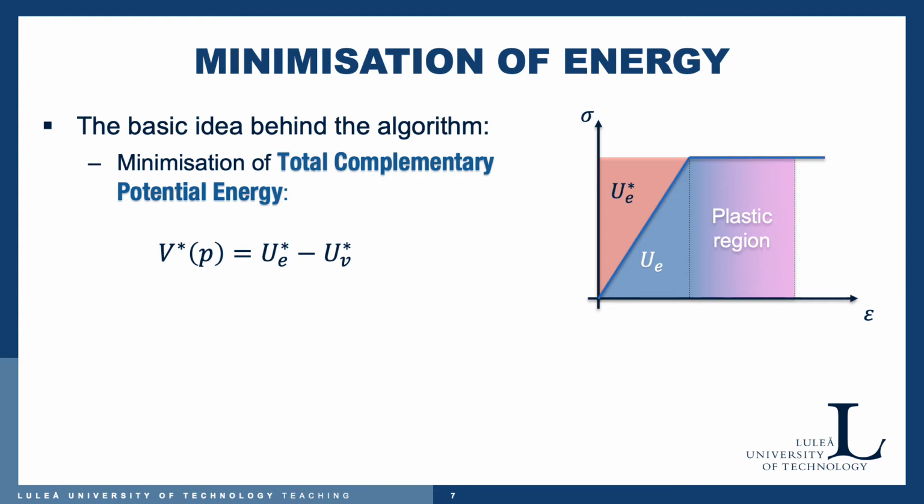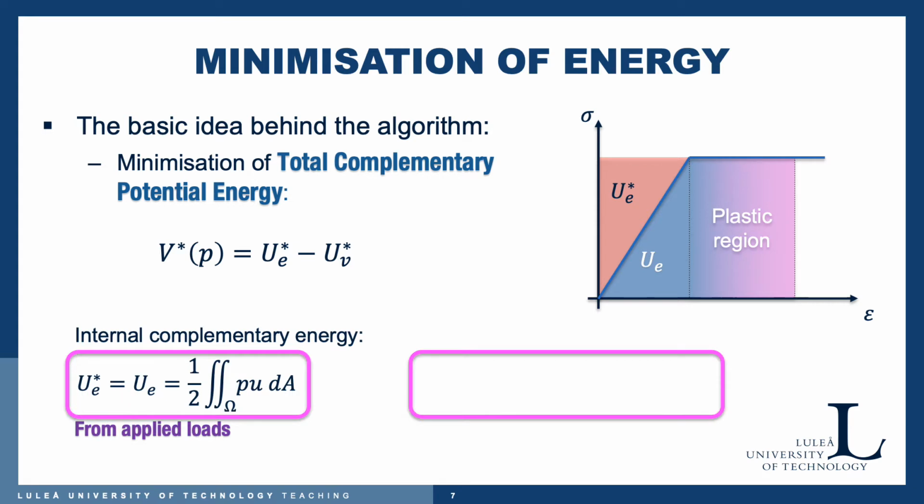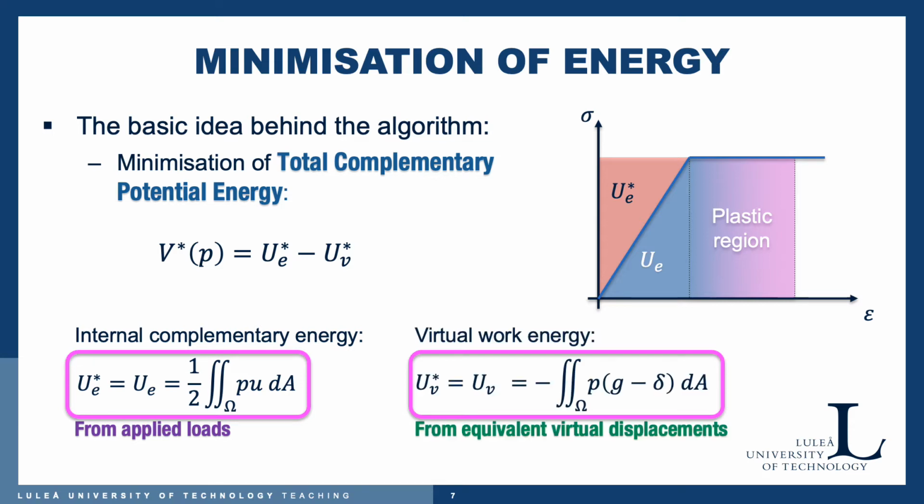And it has two contributions. The first one is the internal complementary potential energy, and the other one is the virtual work. So the internal complementary energy is given by this expression, which we will see is actually a quadratic expression in P, and we will derive it.